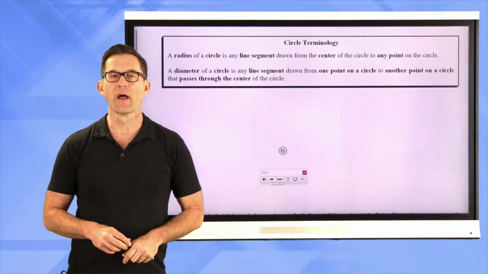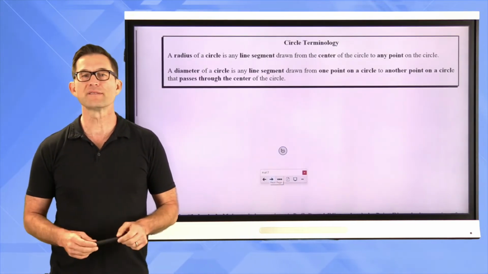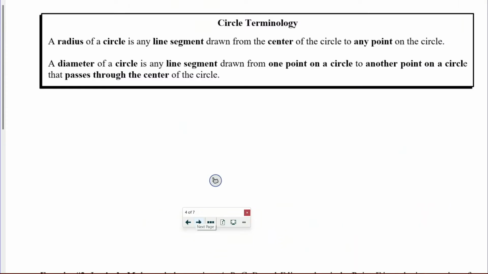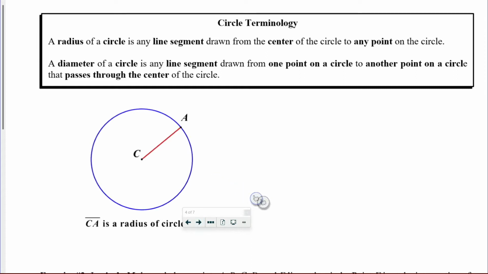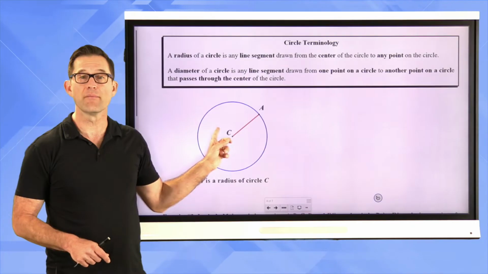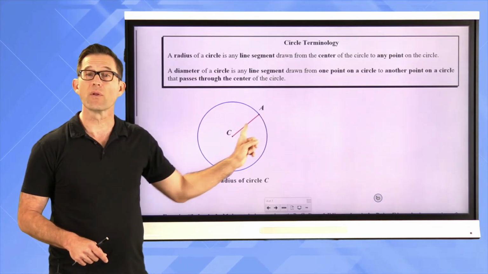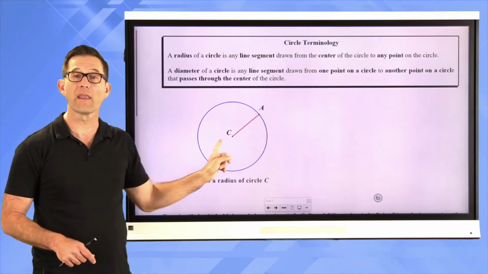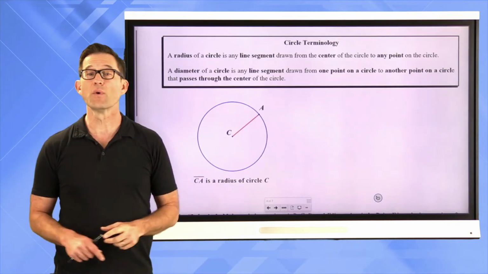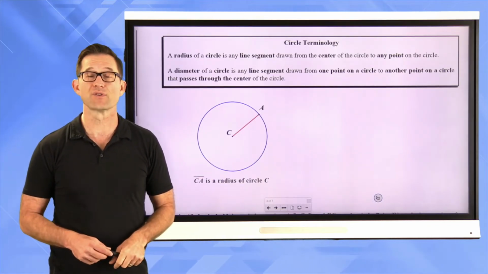Now, some circle terminology, and this is stuff you've seen before, but let's take a look at it again. A radius of a circle is any line segment drawn from the center of the circle to any point on the circle. In other words, if I've got this circle, and I've got point C and point A, the center of the circle and a point on the circle, and I draw that line segment in, then that is what's known as a radius of a circle.